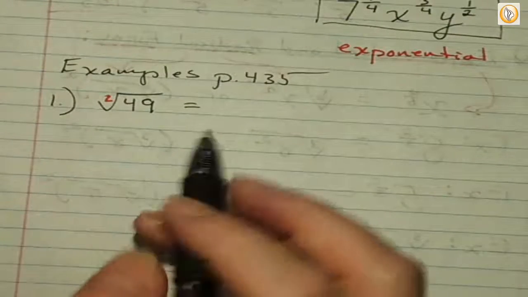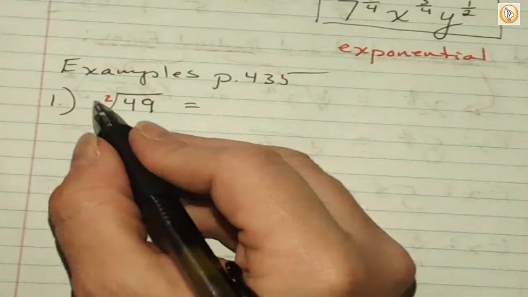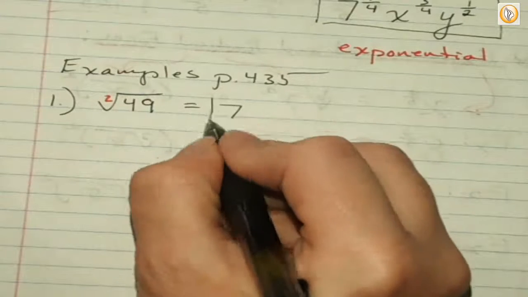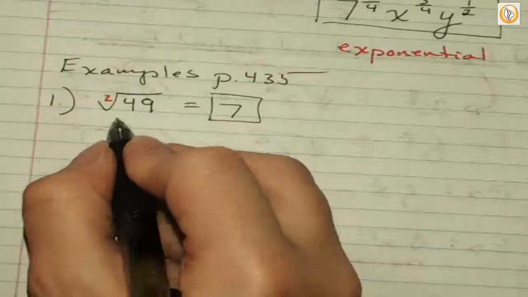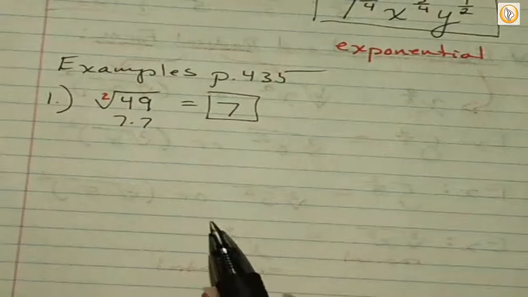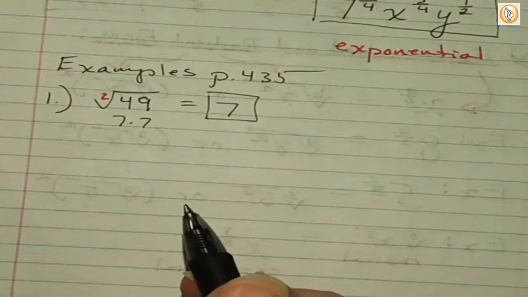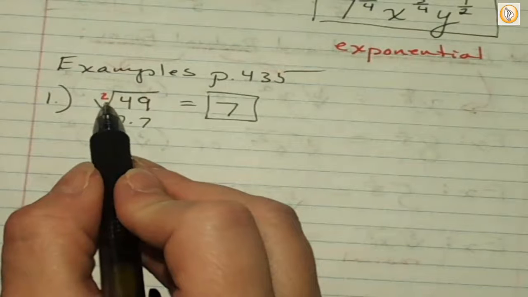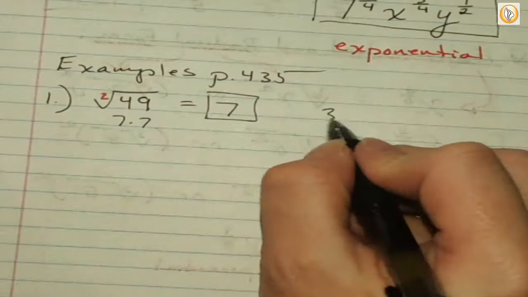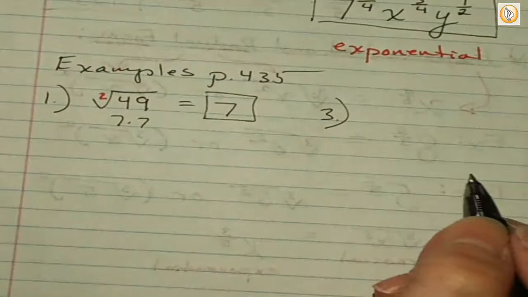So what is the square root of 49? 7. That's right. It's 7 times 7 because there's a 2 there. Remember, if there's no root index, we pretend it's a 2.